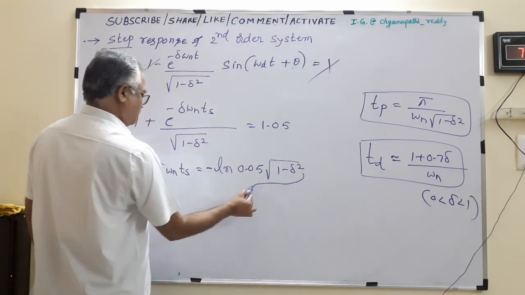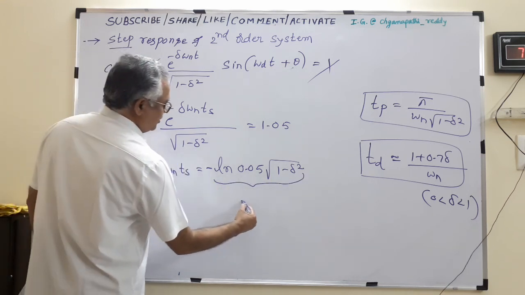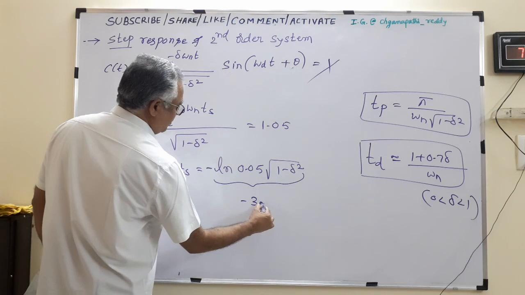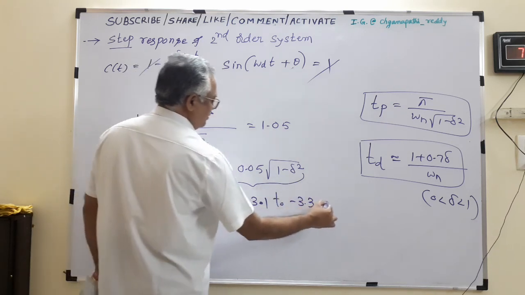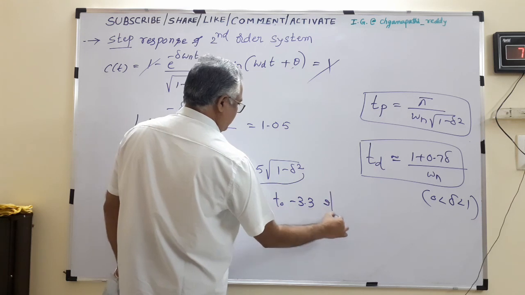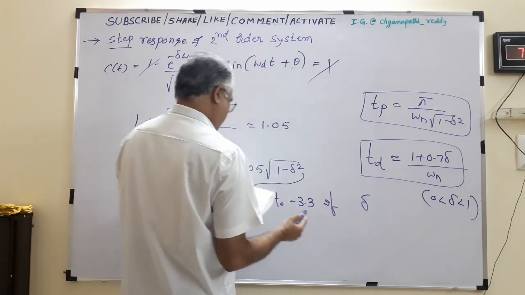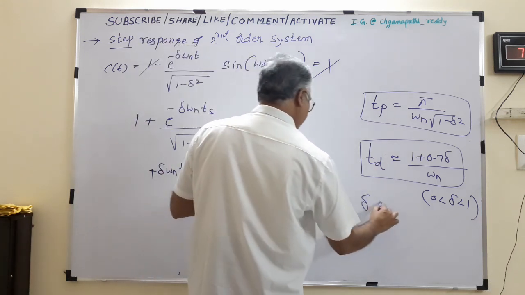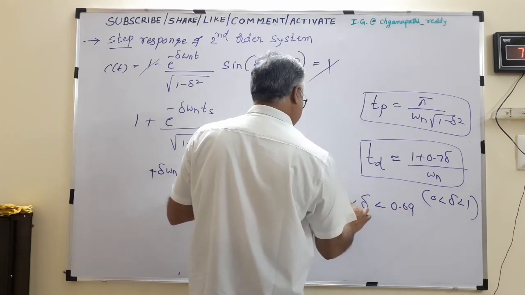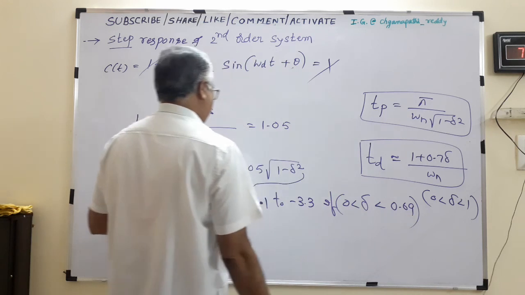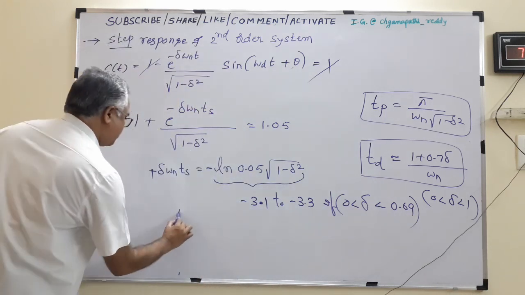This value ranges from minus 3.1 to minus 3.3 if delta is between 0.69 and 0. So we can do an approximation.